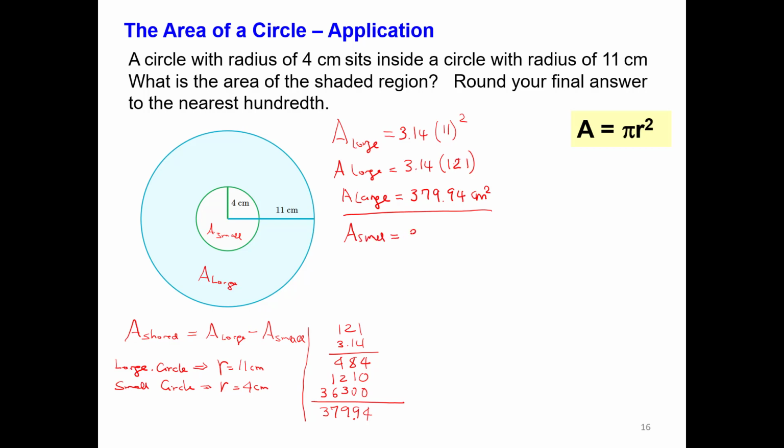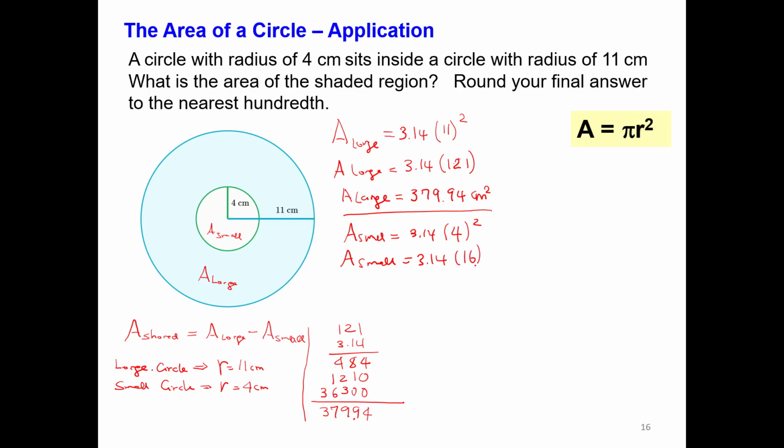It will be pi, 3.14 times 4 squared. But we know 4 squared is 16.